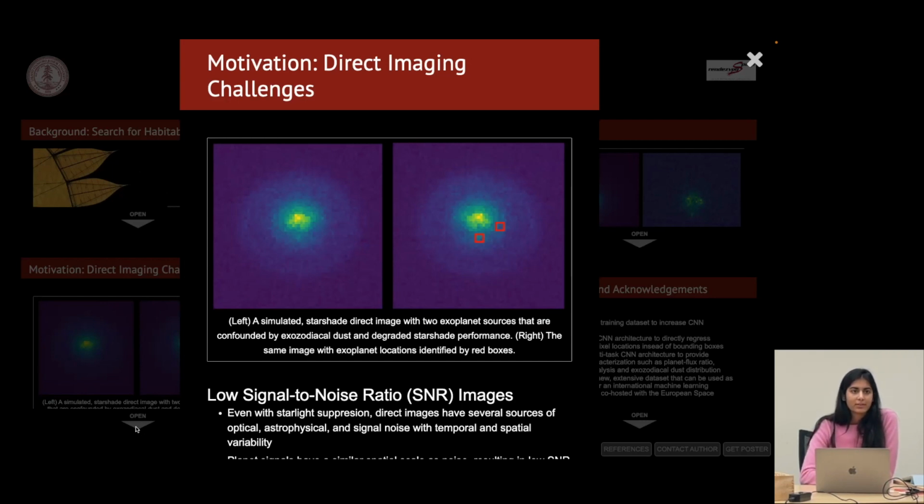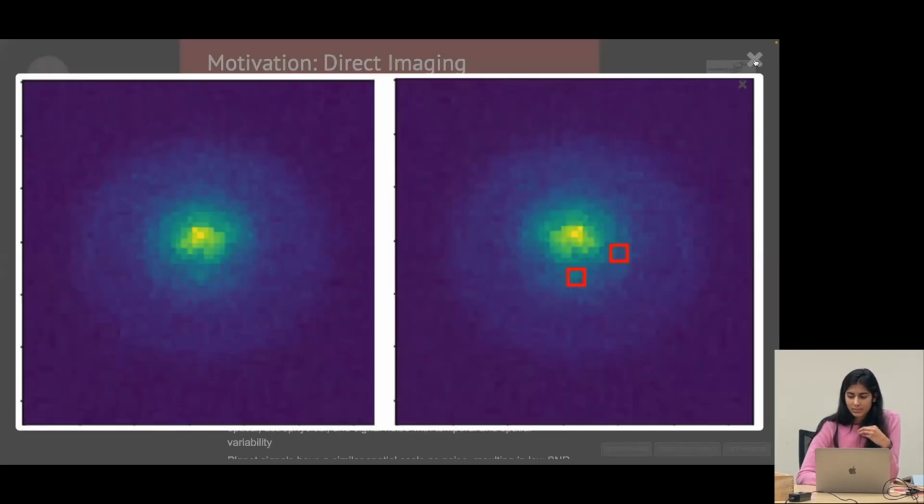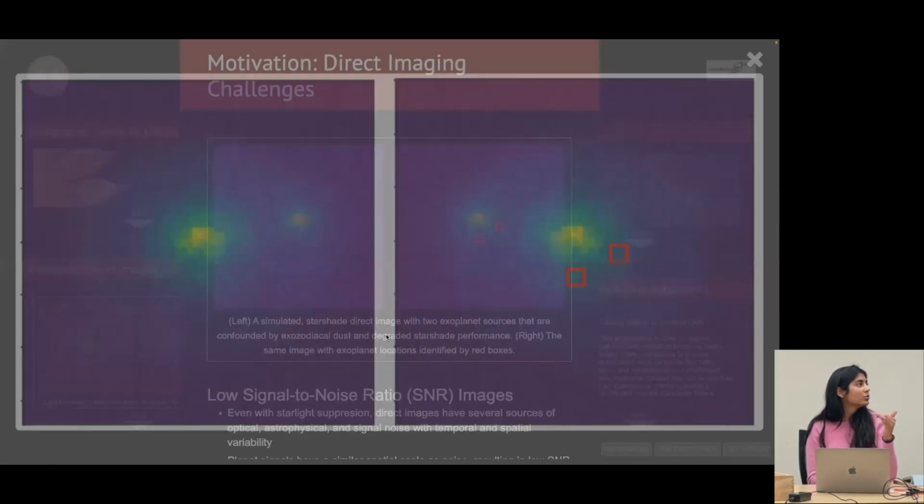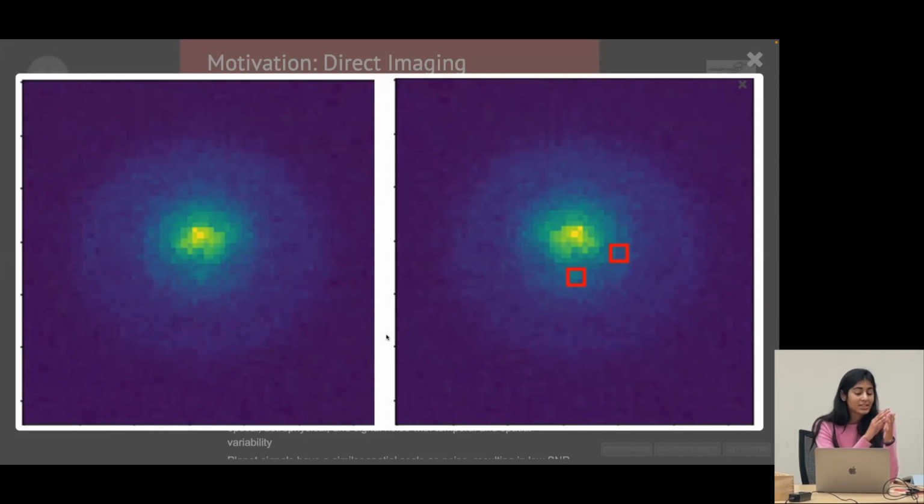However, even with the performance that starshades can give us, direct images are still incredibly noisy. There are several sources of astrophysical, optical, sensor, and instrument noise that confound the planet signal in the image. So you can see this, these are two representative synthetic starshade images.